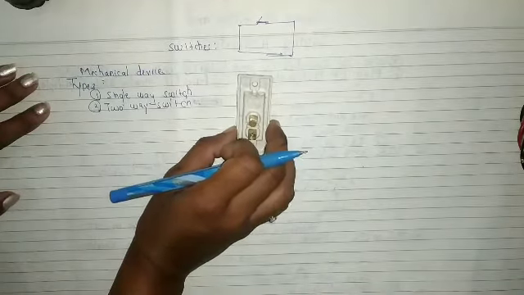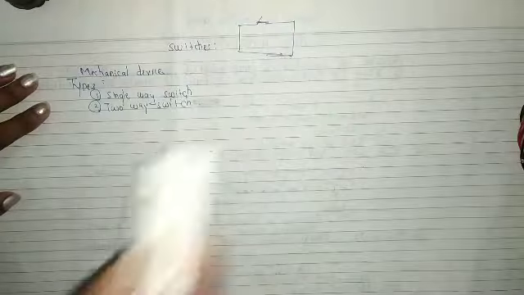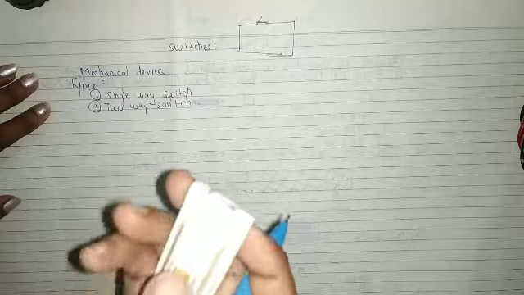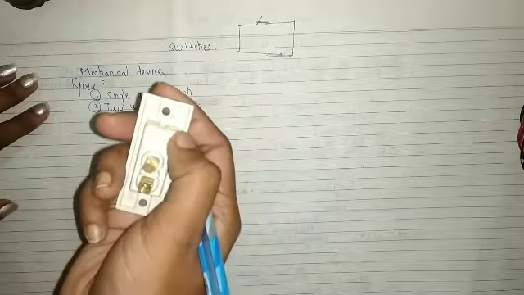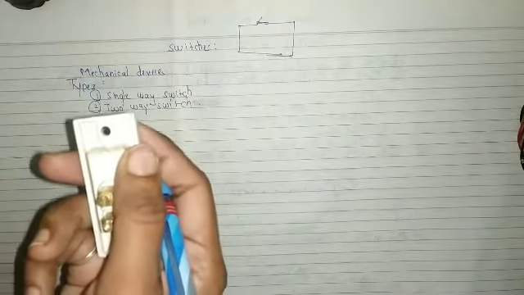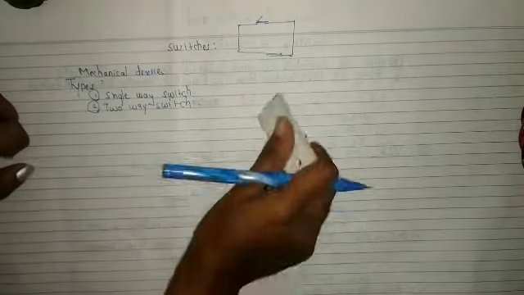A switch is referred to as 5 ampere 250 volt. On every switch or electrical appliance there is a rating given. I don't know if you are able to see, but here the rating is given on this switch. This switch rating is 6 ampere 240 volt.